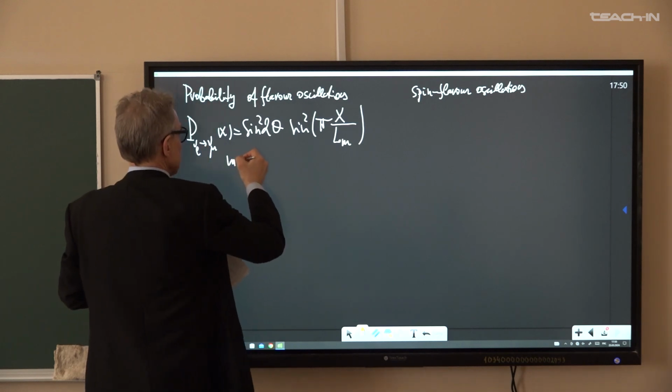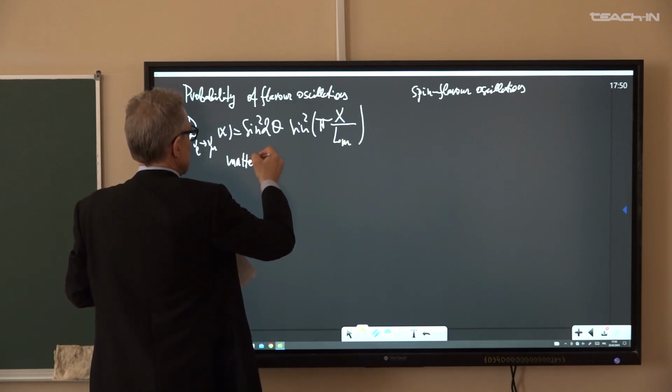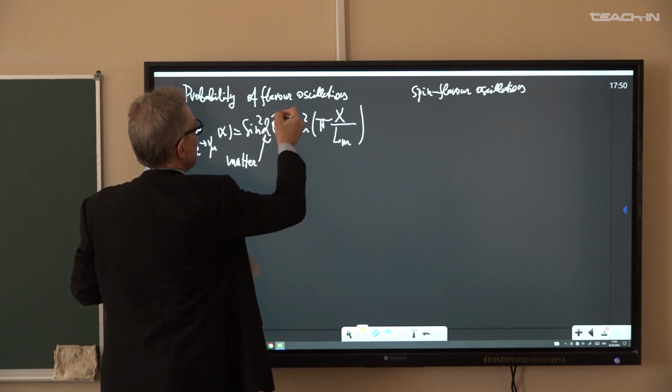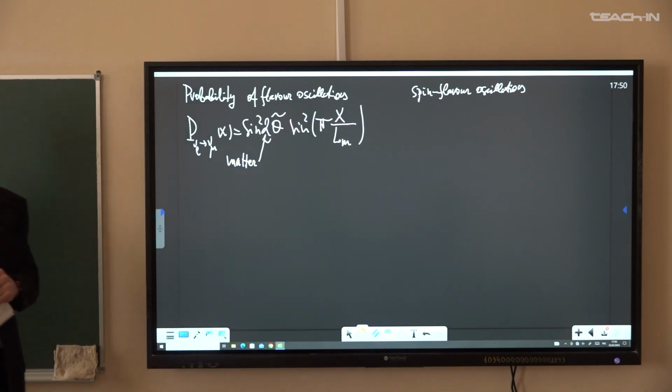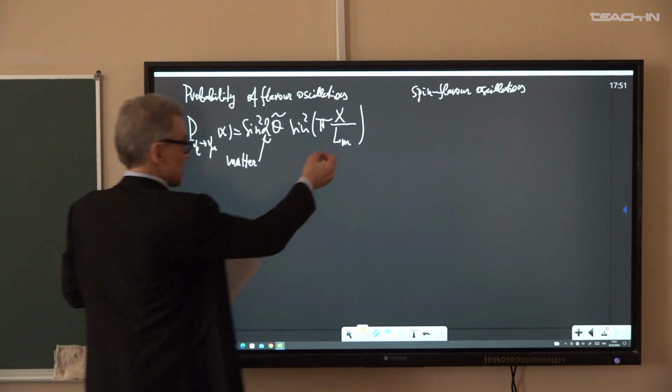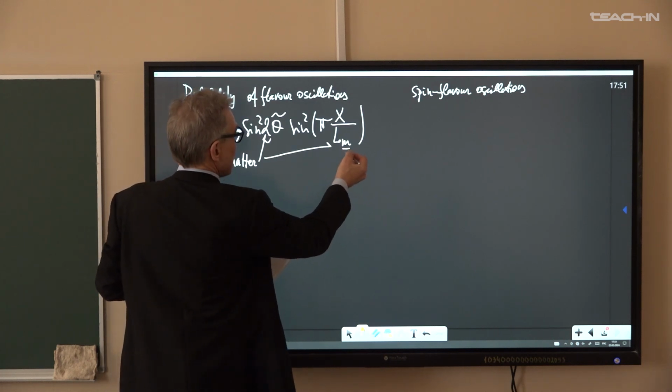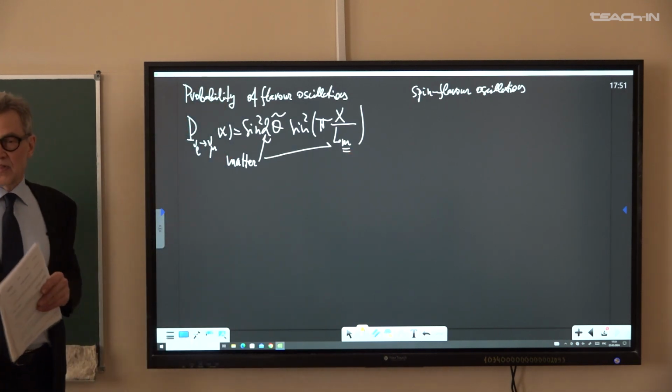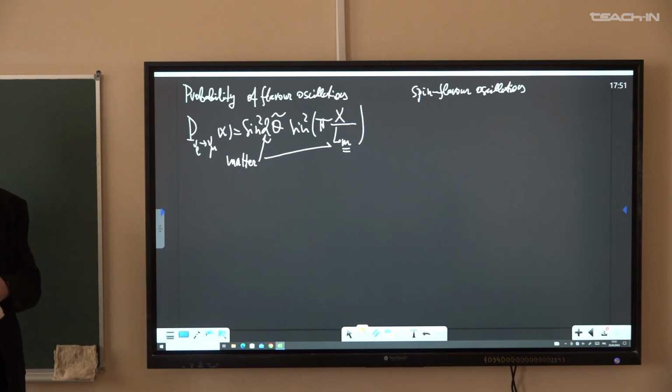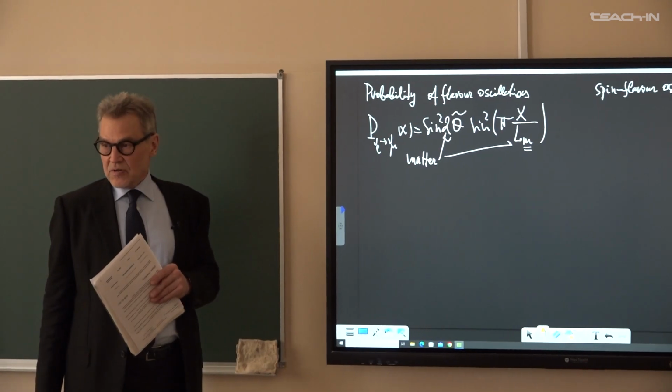If matter is present, then we put here the effective mixing angle in matter. You remember that due to interaction of electron and muon neutrinos with the environment, the matter, the effective mixing angle is changing. And also here I just put the symbol m. It means that this is not a vacuum oscillation length, but the oscillation length in matter, counting the matter effect.